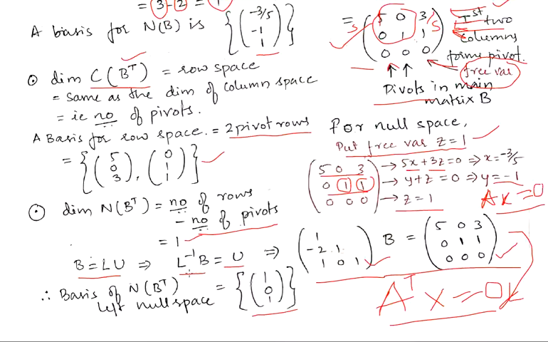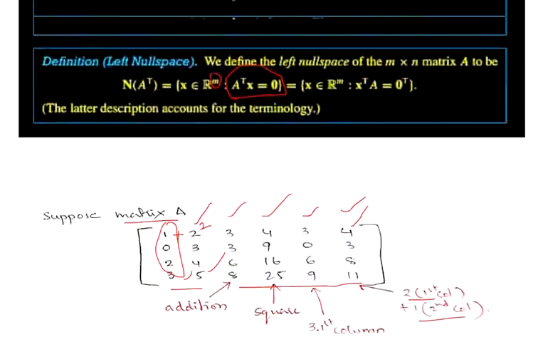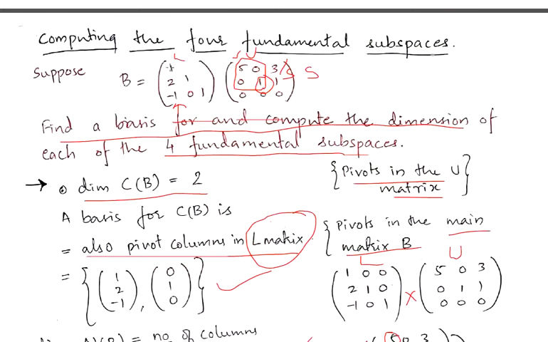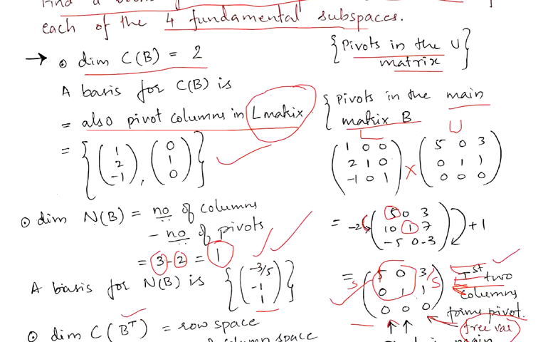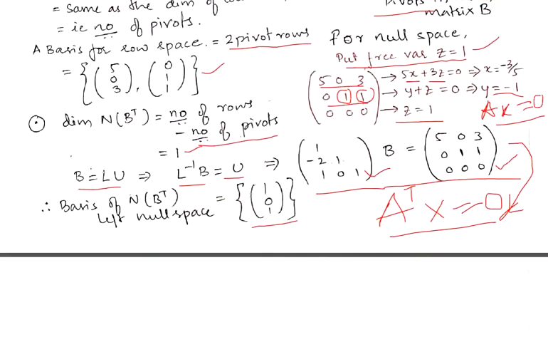And remember, when you are taking L inverse B, see, the given L value is 1, 2, minus 1, 0, 1 and 1 here. Okay, see, this is positive 2 and this is negative 1. And I told you, when we are doing LU decomposition, when you are trying to take the inverse of the elimination matrix, the only thing you need to do is just reverse the sign of these vectors.